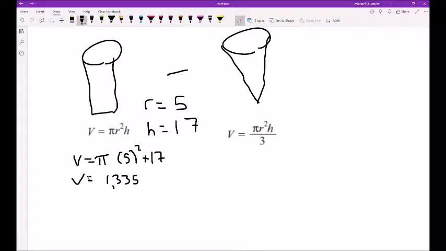Okay. Are we looking for empty space in the cone? No, we're looking for how much wood's left in the item. Let me look over it and find a picture.